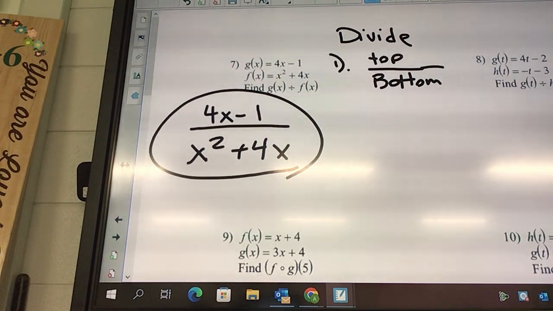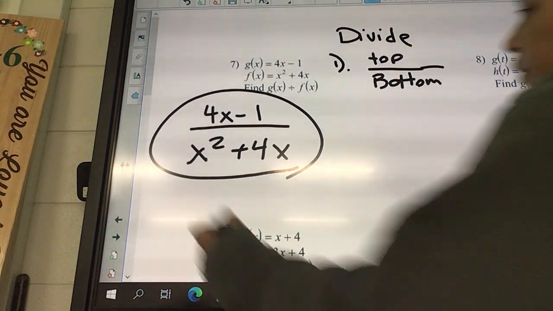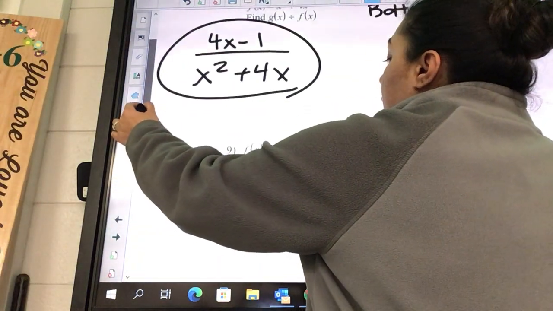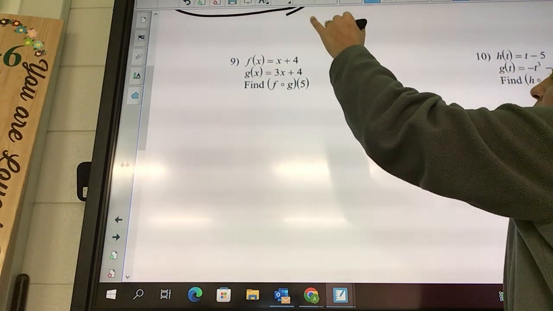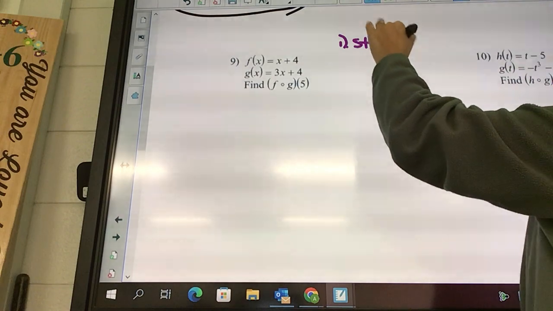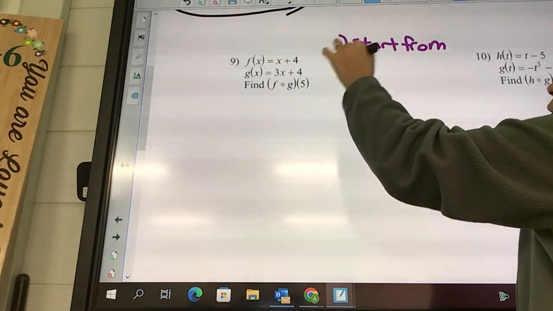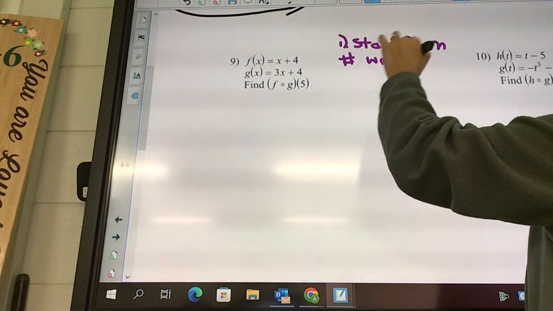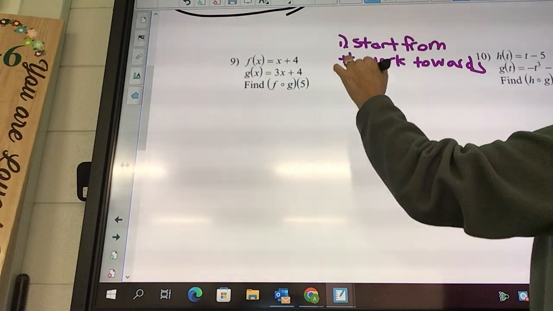Okay, number 9. These ones are kind of hard for me to write instructions for. You're going to start from the number and work towards the left.